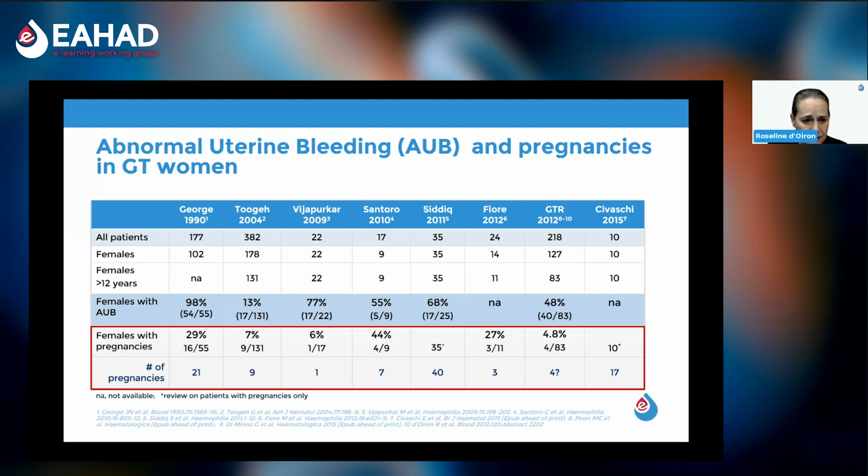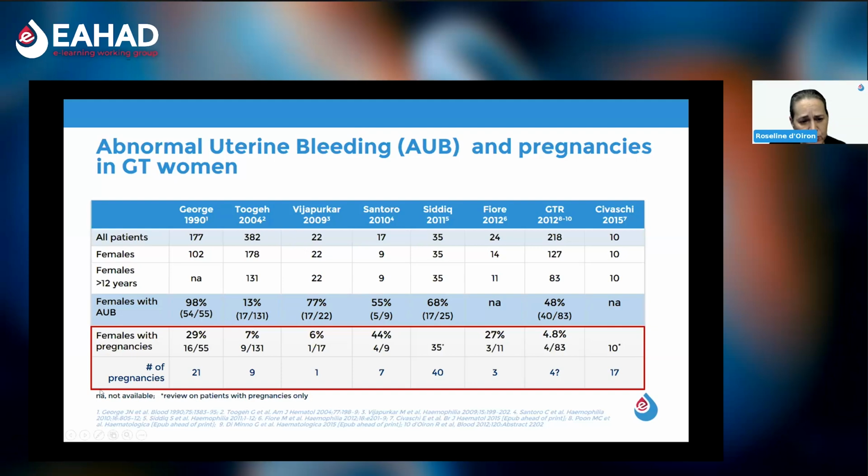As you can see, the percentage of women having heavy menstrual bleeding was extremely high, except maybe this publication from Iran, where abnormal uterine bleeding might be quite taboo and maybe not recorded at the correct level.